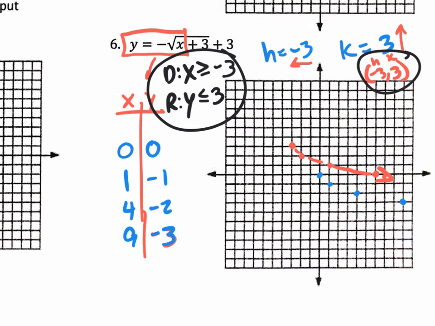You would technically, numerically, have to subtract 3 from here, from there, from there, and from there, and you get your new x values. And your k value of up 3 means that you'd be adding 3 to all these y values, giving you your new xy coordinates. But I think it's easier to just graph the original ones and then shift them 3 to the left and 3 up, and you'll have your new graph.